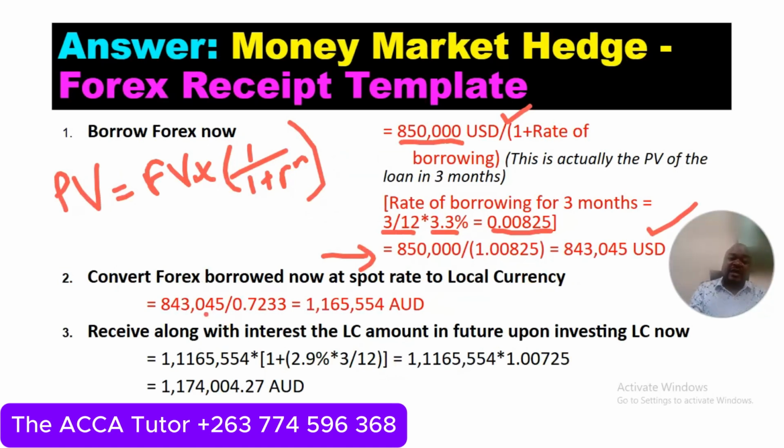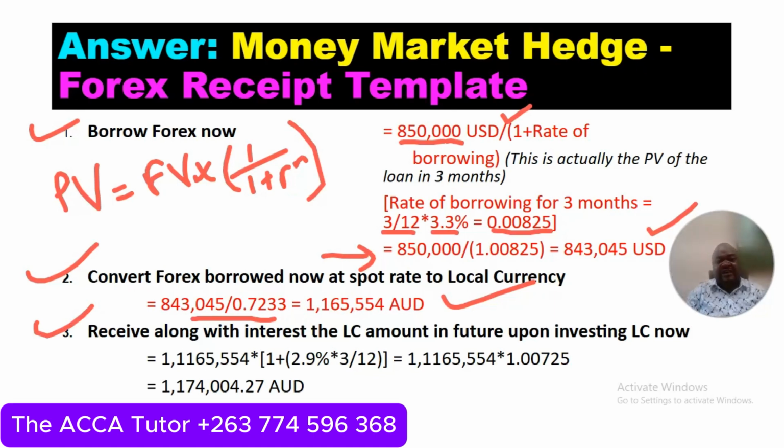This is why we are dividing here, and we get our AUD, the Australian dollars. Once you are comfortable doing that, what next shall we do? I said, for the receipt, the first thing you have to do is to borrow. After borrowing the forex amount, you then convert. After that, you then have to receive.